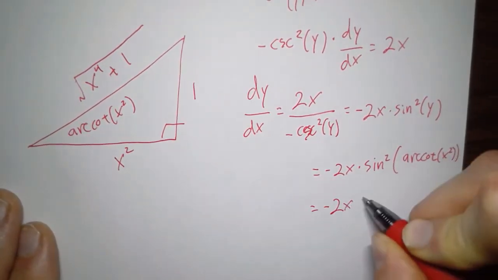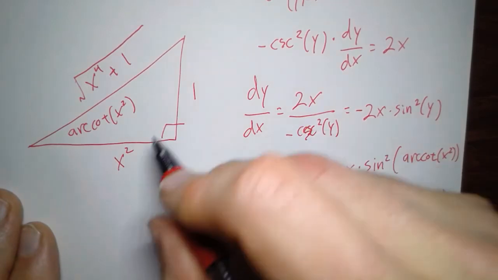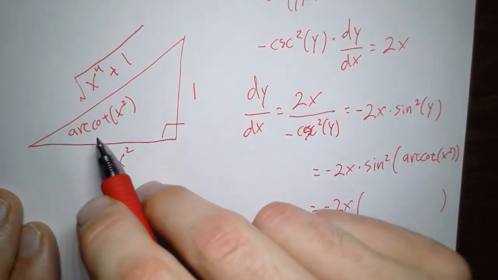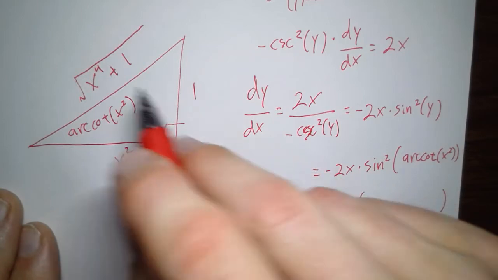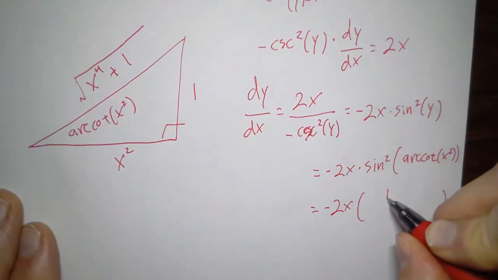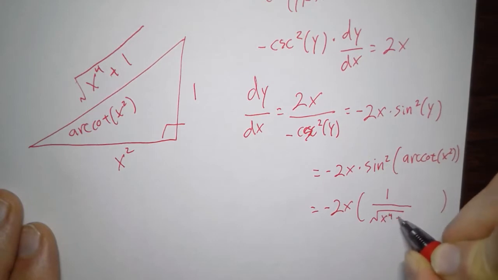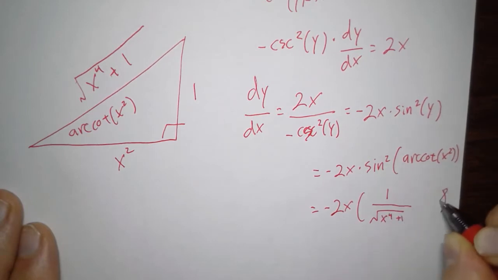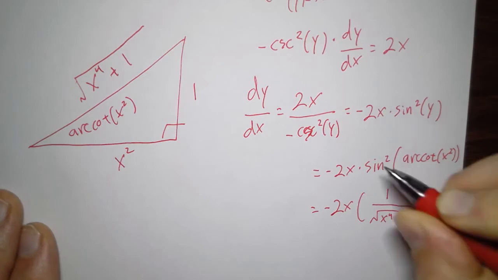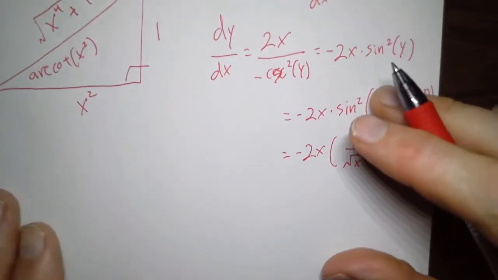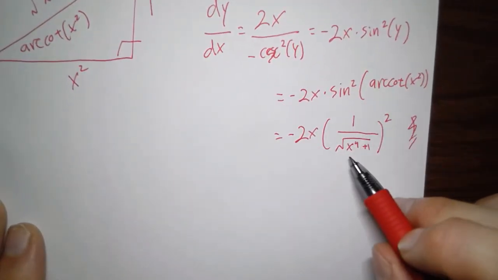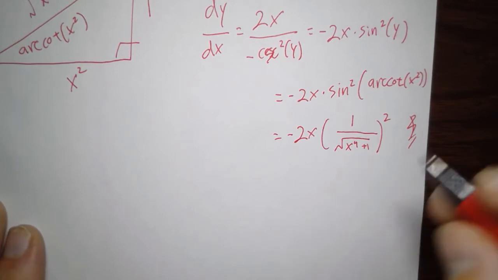So the sine ratio is going to be, well, remember, our angle is right here, so it's going to be the opposite over the hypotenuse. So 1 over the square root of x to the 4th plus 1. But remember that it's sine squared, so this quantity will be squared. So we square the 1 and we square the radical x to the 4th plus 1.